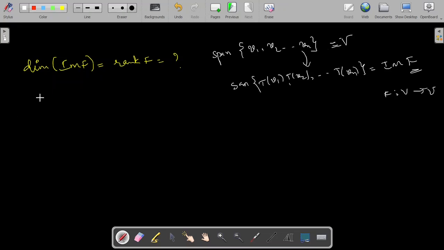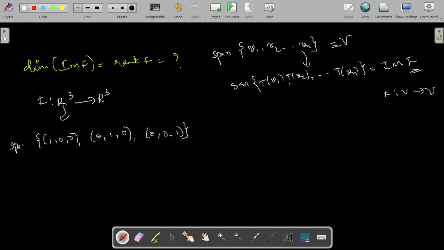The transformation given here, f, is a transformation from R cube to R cube. You know that the standard basis spans the whole space R cube. Therefore 1 0 0, 0 1 0 and 0 0 1, the span of this equals the whole space R cube.